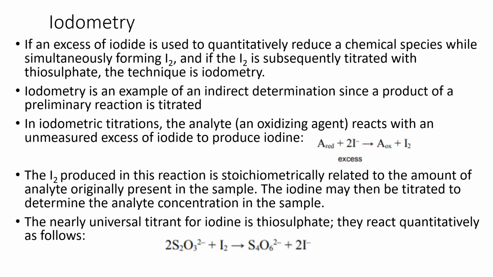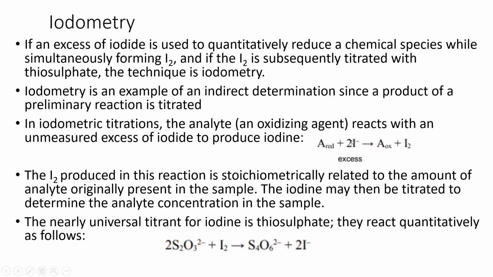Now to iodometry. This is an indirect titration whereby an excess of iodide is used. Remember, in iodimetry, we use iodine. In iodometry, we use iodide. So an excess of iodide is used to quantitatively reduce a chemical species while simultaneously forming iodine.